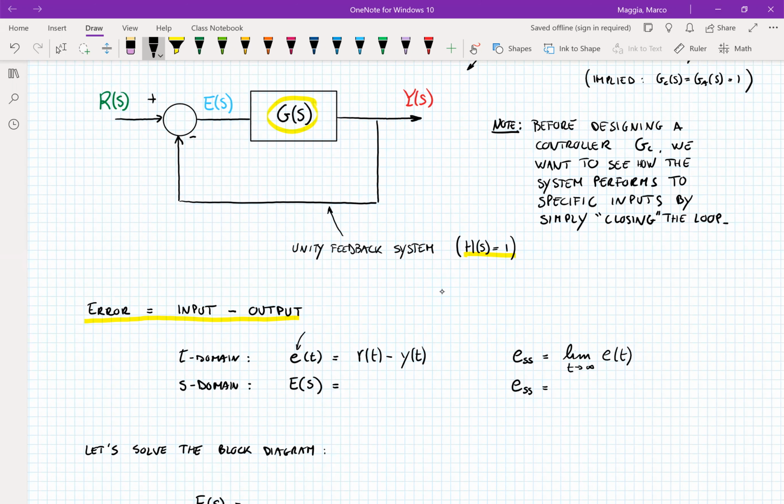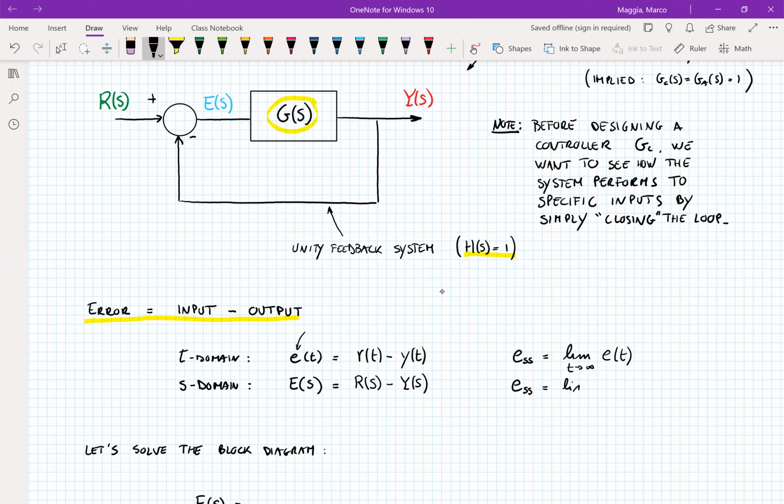What about in the S domain? Well, in the S domain, we'll just magically transform all the lowercase letters into capital letters. Of course, we would have to apply the Laplace transform to do so. But if we are in the S domain, we can apply the final value theorem to find the steady state error.